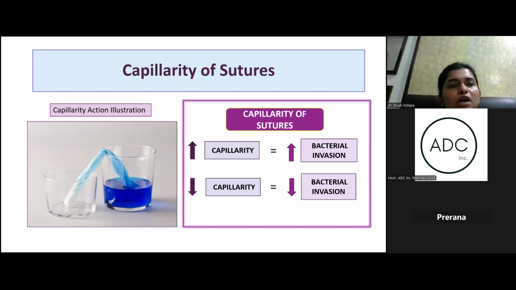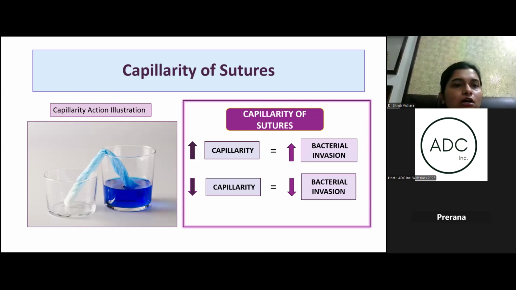Okay. So this is one analogous example of suture which is given. So what is this? There are two containers shown, right? One container has a blue color tinged water, correct? And this is a tissue which is folded and is put in the two containers. And as you can see here, this particular blue color tinged fluid is drawn along the length of this tissue, correct?